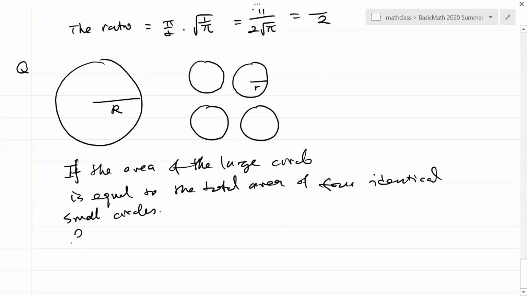Find the ratio of the radius of the small circle to the radius of the larger circle. So if you already know the largest circle's radius is 6 inches, it's a larger pizza, or cake. You want to make 4 smaller ones, with the same amount of material, and the thickness is supposed to be the same.